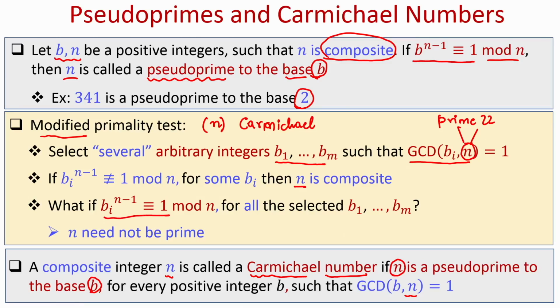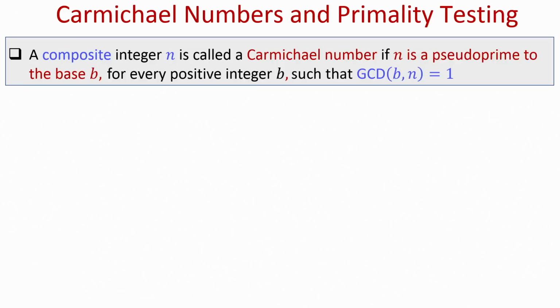If you declare n to be prime, then that is a false conclusion, because actually your number n is composite, right. So, that is why the primality testing algorithm based on Fermat's little theorem is not a foolproof test, and we need to make additional tests in the modified primality testing algorithm to get a foolproof primality testing algorithm, whose details I am not going to discuss.